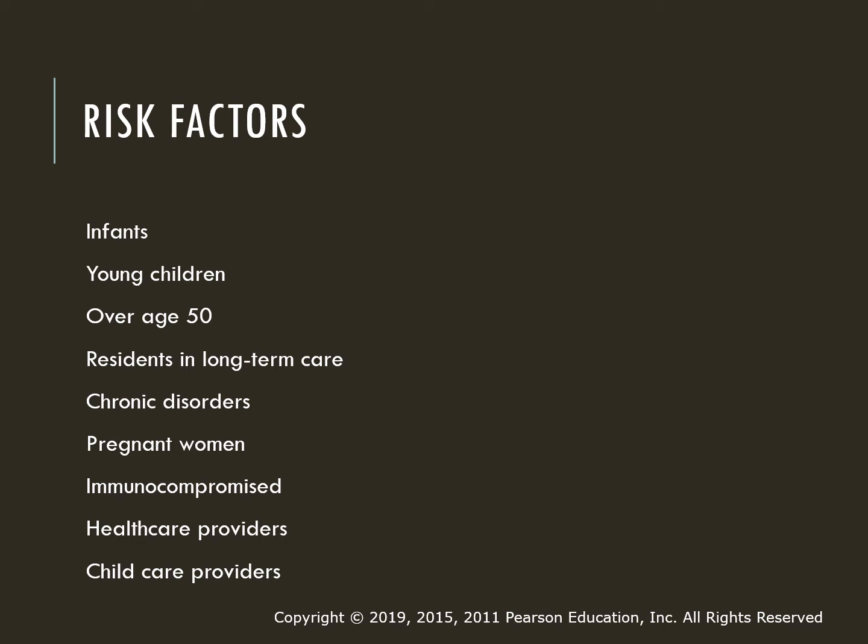Patients with chronic disorders, especially diabetes and cardiac, renal, or pulmonary disease, are more susceptible. Pregnant women, particularly during the second and third trimester, are also at increased risk of complications. As with any infection, patients with weakened or compromised immune systems, such as AIDS, receiving treatment for cancer, or taking immunosuppressive medications are at greatest risk because our immune system is compromised in those situations.